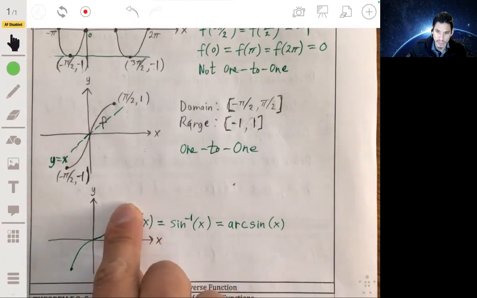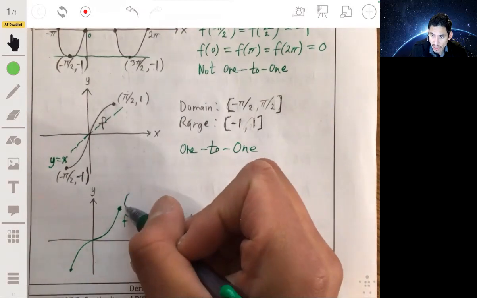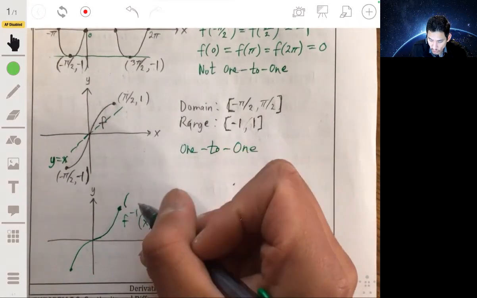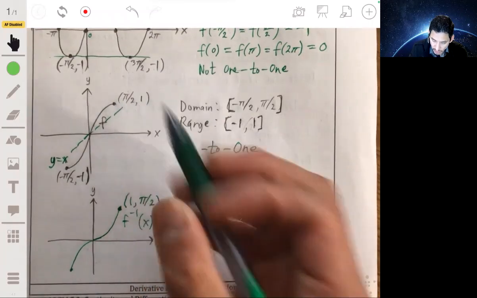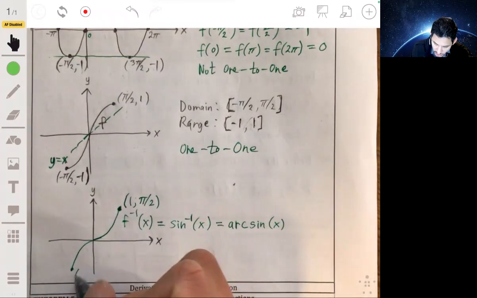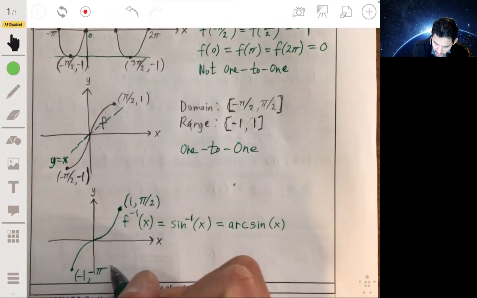Now, what would this point be? Think for a second. It's going to be 1, pi over 2. Not pi over 2, 1, but 1, pi over 2. And this will be -1, negative pi over 2.